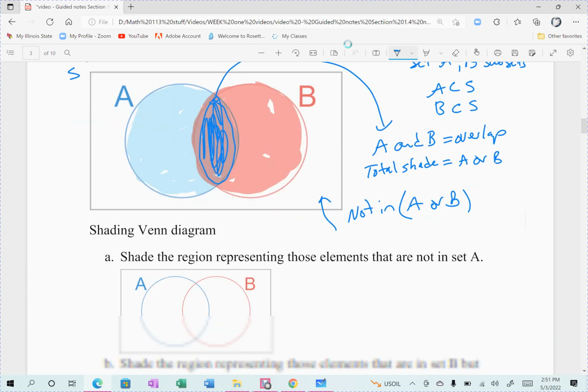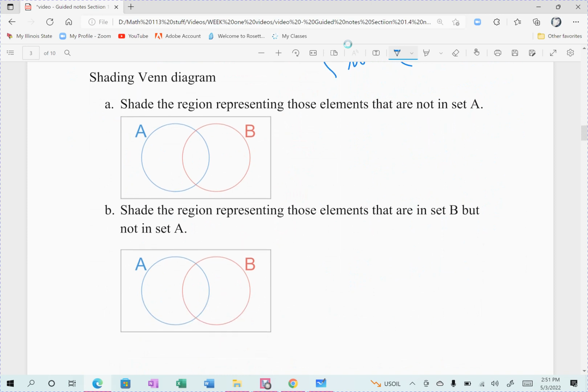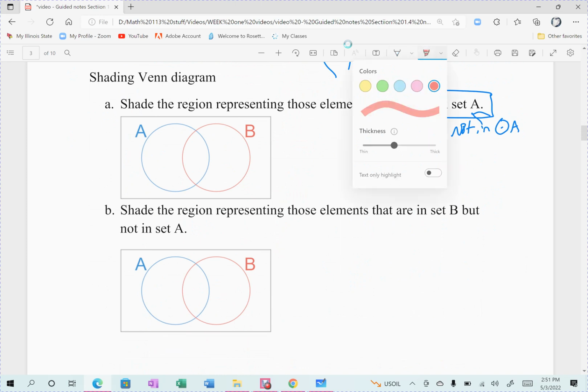We're going to shade in specific portions of the Venn diagram just so that we understand the regions, because that's important. I want to shade the region that represents those that are not in set A. Everything that's not in circle A is going to get shaded.